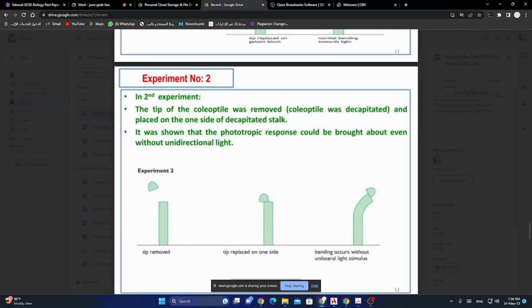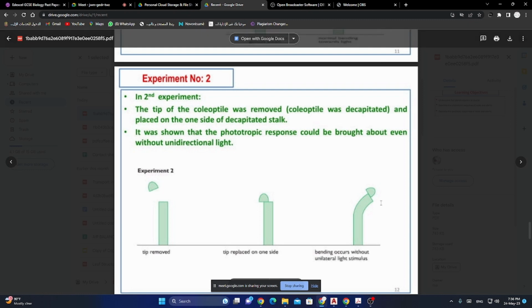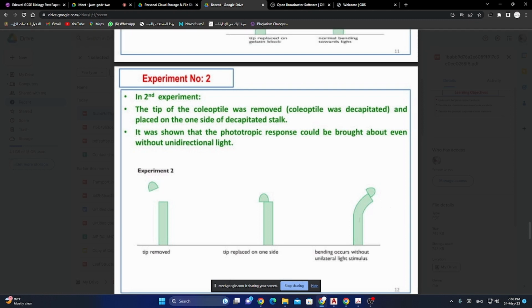So when it does that, that part grows a lot more than the part that doesn't have that chemical. So as you can see here, that part has grown a lot, right? While this part remained the same. That's why it got curved, right?